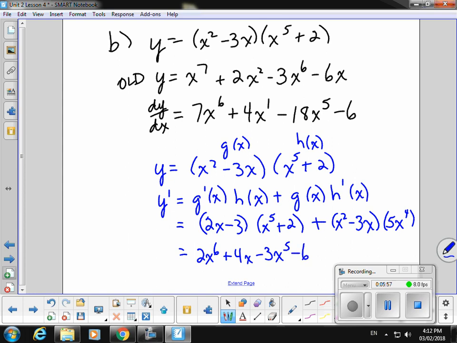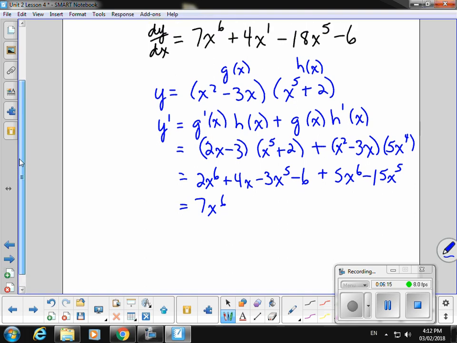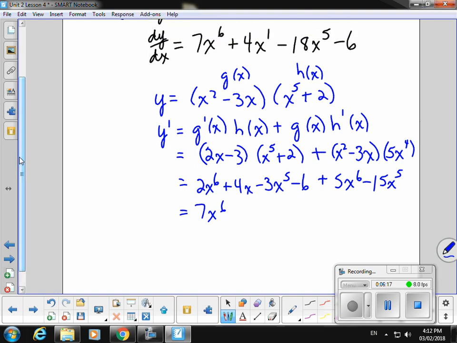I'm going to do the distributive law on the second two: I have 5x to the 6, subtract 15x to the 5. Put those together, I have 7x to the 6. Okay, so that's my x to the 6s, and my x to the 5s would be negative 18 of them.